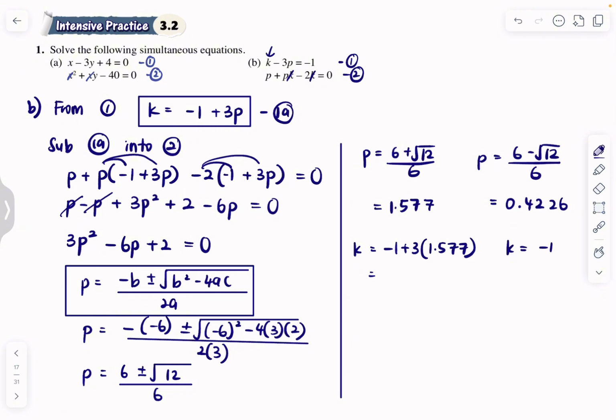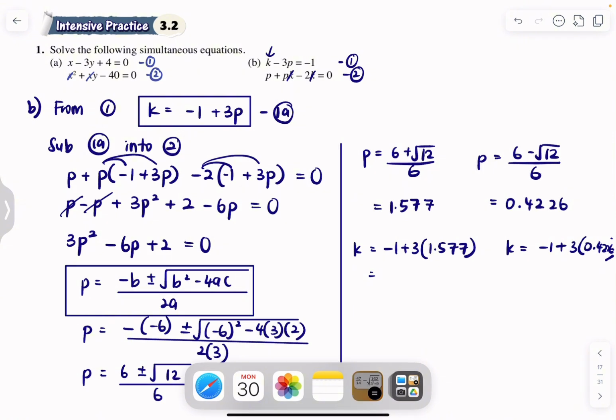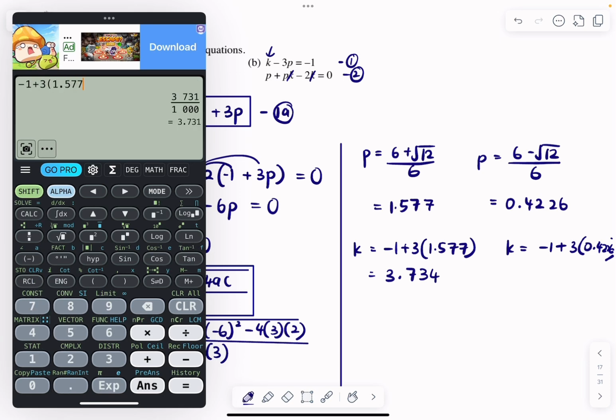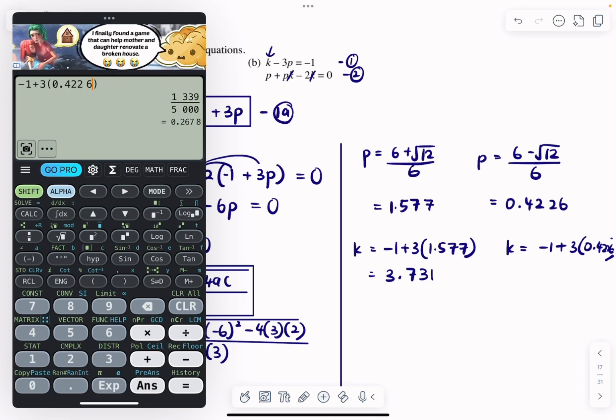Negative 1 plus 3 times 1.577, 3.731. Okay, the other one will be, 0.4226. So k is 0.2678.